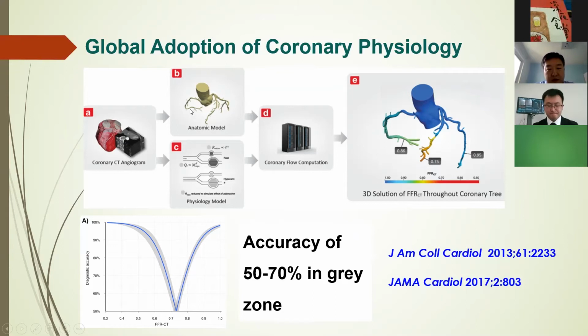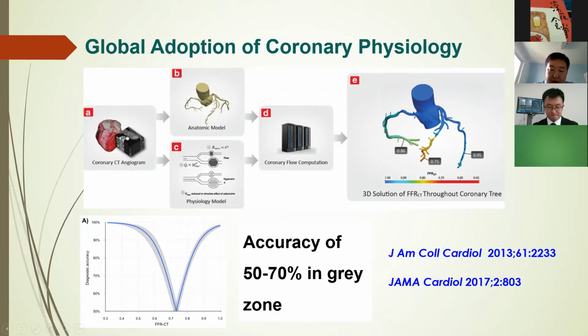Normally, I think Dr. Charles Taylor still uses my patent in the United States to determine the coronary resistance, to determine the resistance at each outlet of the epicardial coronary arterial tree. But CT-FFR is good when the FFR is smaller than 0.7 and when it is larger than 0.85.